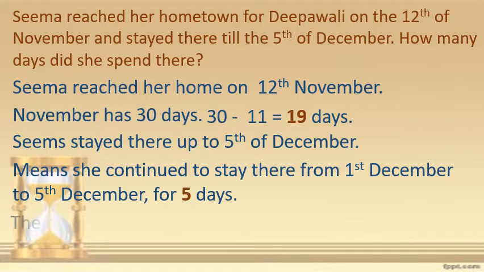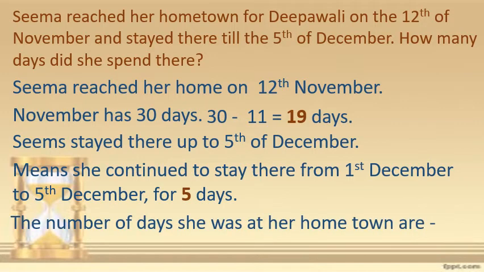So here we get the answer now. The number of days she was at her hometown are 19 plus 5, that is 24 days. Isn't it? She spent 24 days at her home. Got the answer? And got the sum, dear students? Okay.